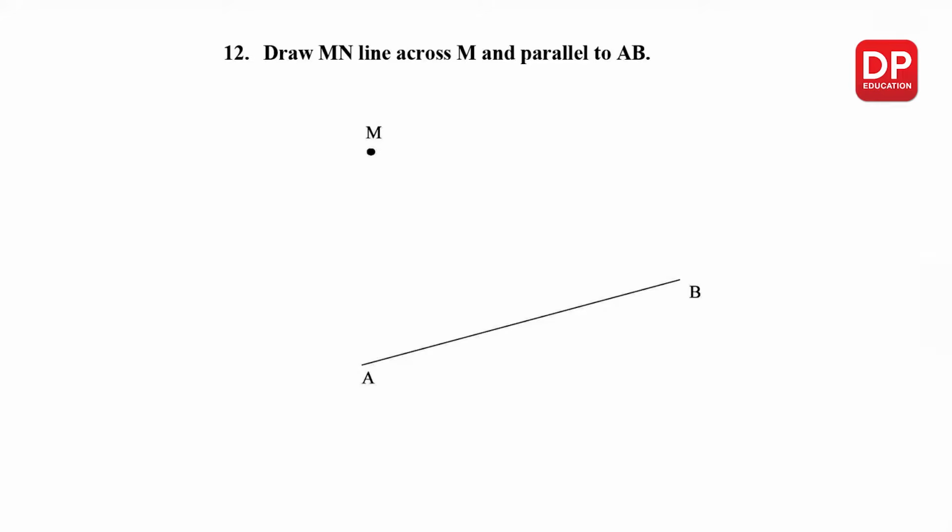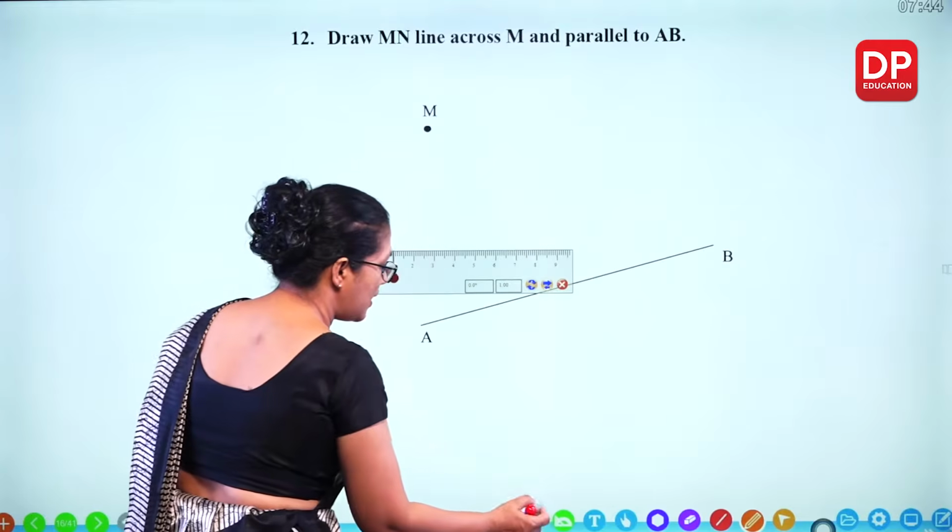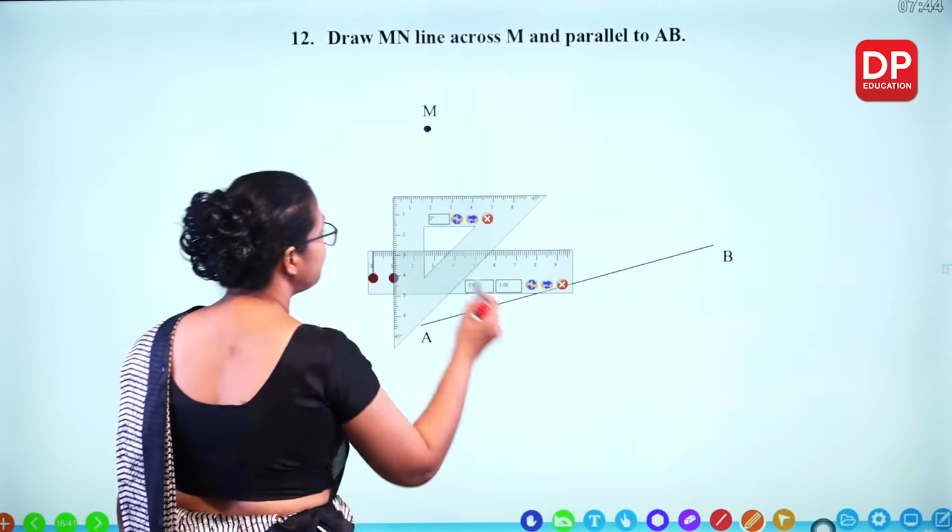Draw MN line across M and parallel to AB. So we take the ruler and the set square.